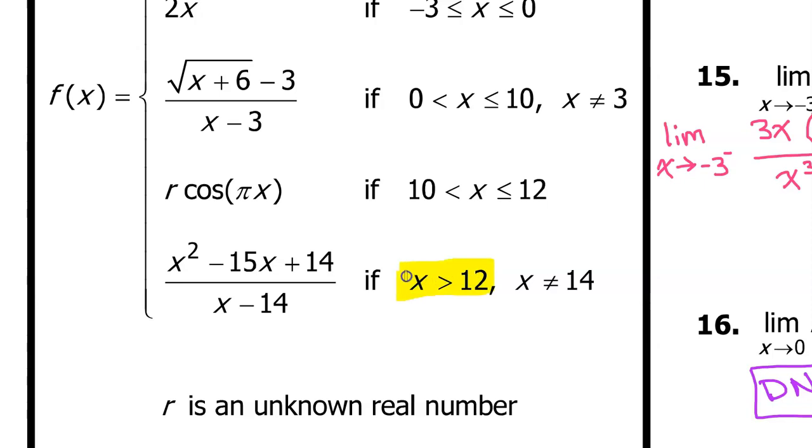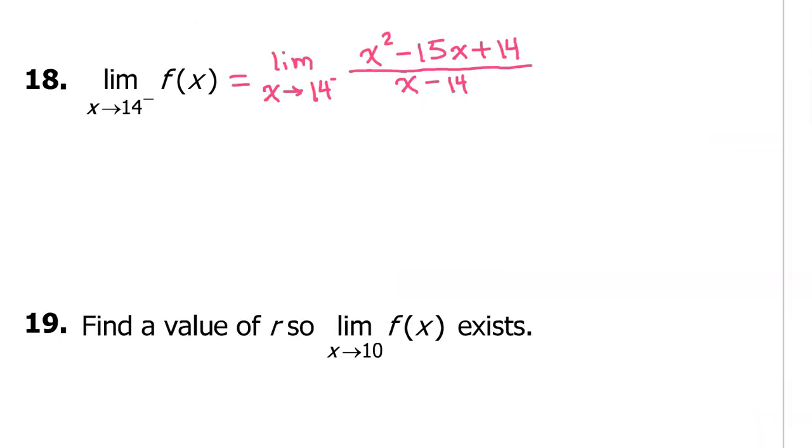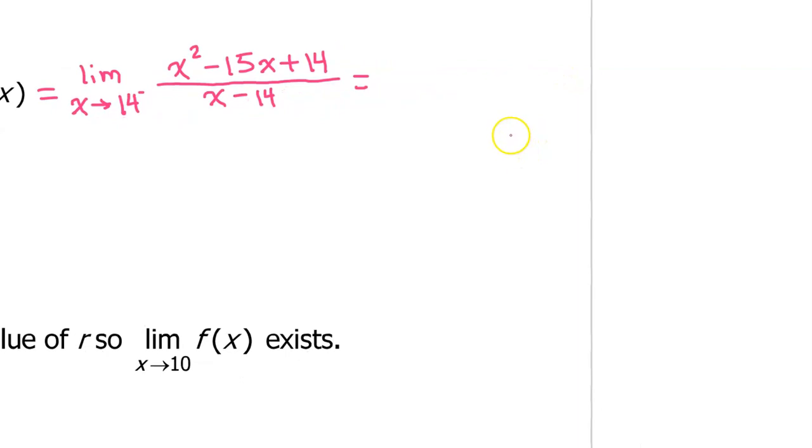We're talking about values that are greater than 12, which means this piece of the piecewise function will apply. So the limit of the original function will equal the limit of this expression as x approaches 14 from the left. Let's go ahead and rewrite this in factored form so we can see what we are actually dealing with.